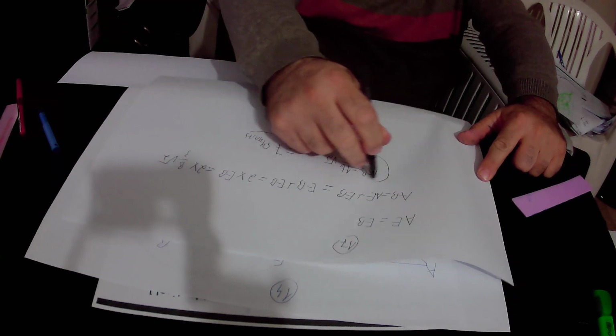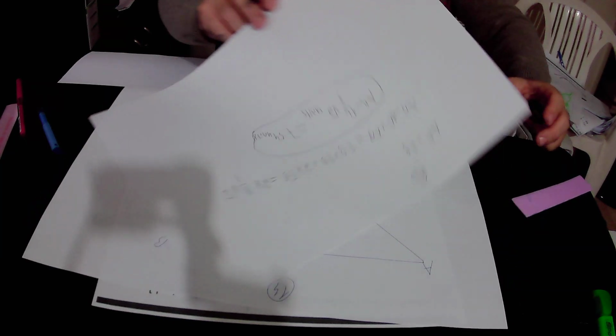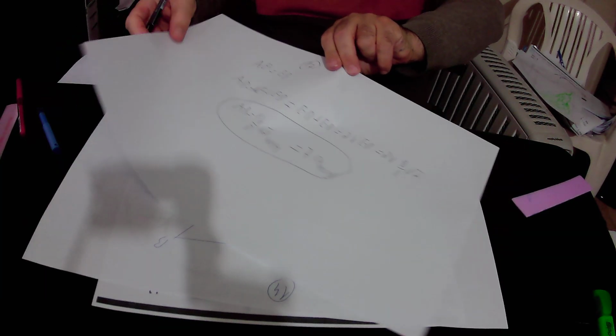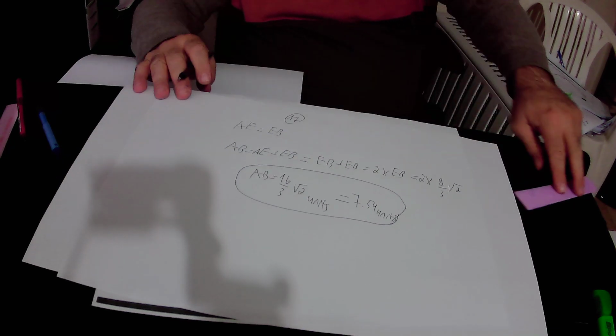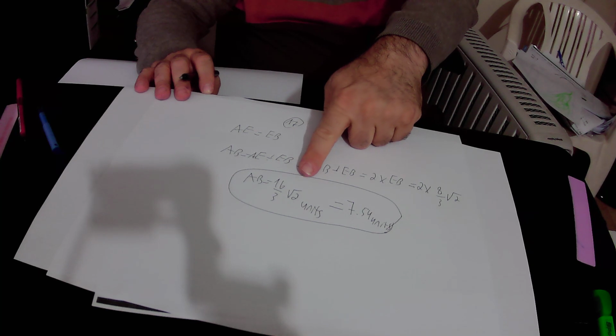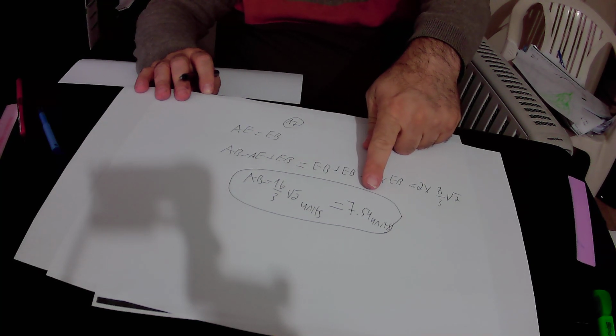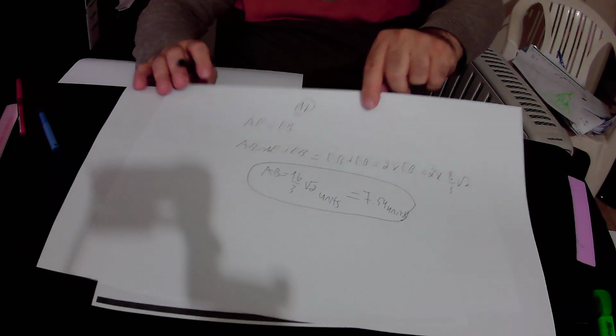So I'll repeat again. AB equals either 16 over 3 times square root of 2 units, or in terms of numbers, AB equals 7.54 units.